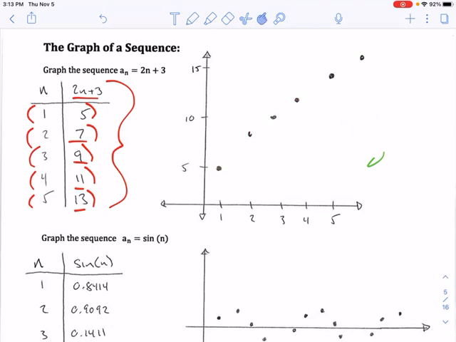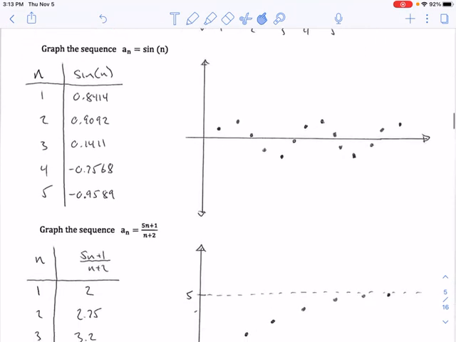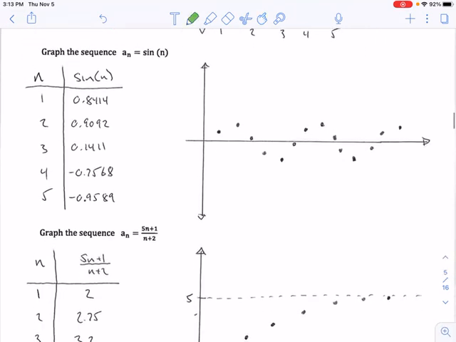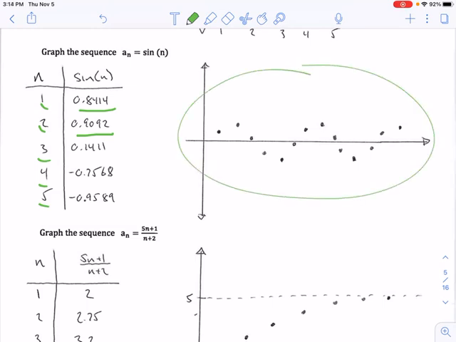All right, so the next one. Let's take a look at this sequence. So this is the sine function. And so I'm letting n be equal to 1, 2, 3, 4, and 5. The sine of 1 is 0.8414, 0.9092, etc. So once again, we can plot these points. Now, the points that I plotted here on the actual graph are a lot more than just these 5 points.